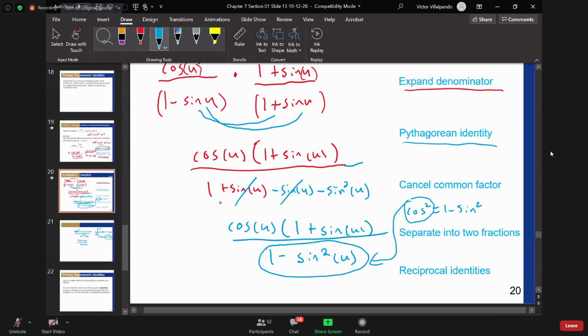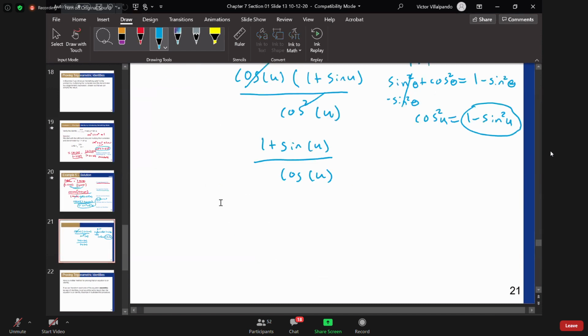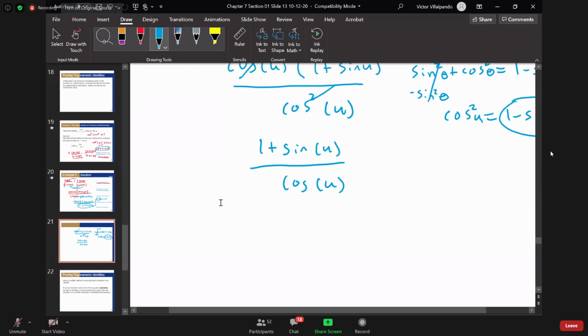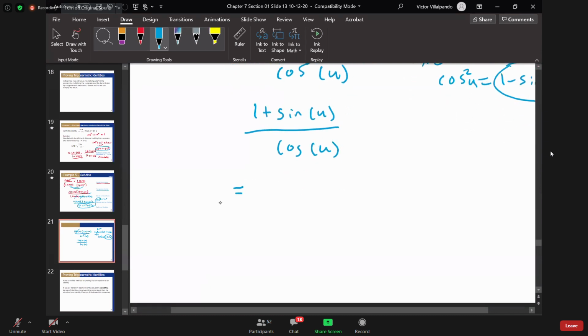Let's go ahead and separate what we have here, which is 1 plus sine u over cosine u, into two separate fractions. That was the second to last hint that we had. So we have 1 over cosine of u plus sine of u over cosine of u.